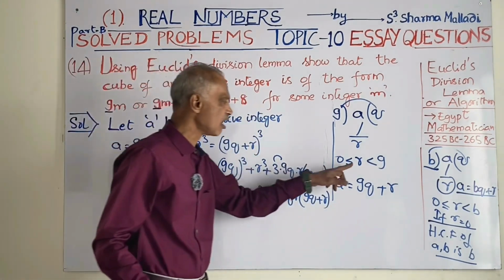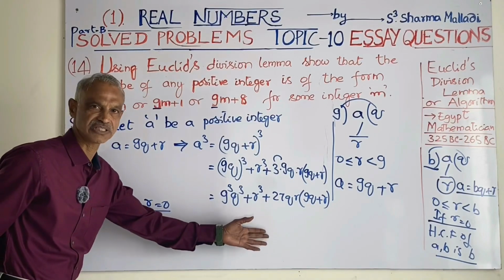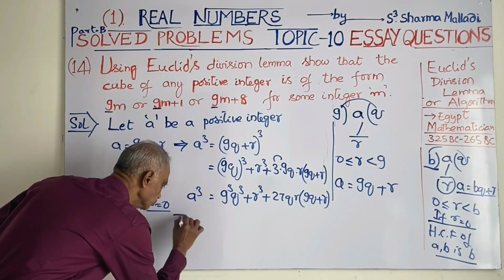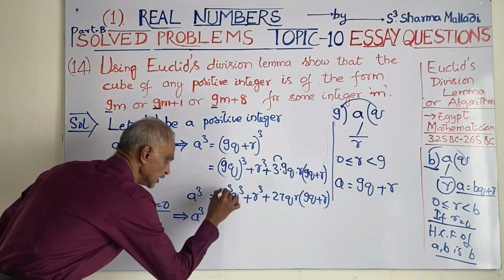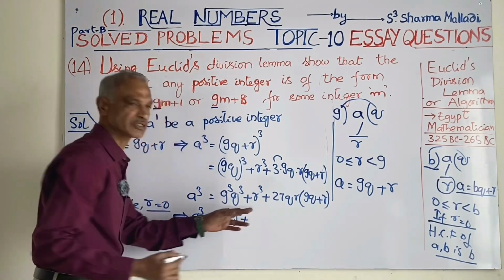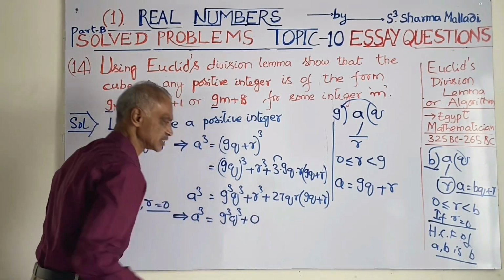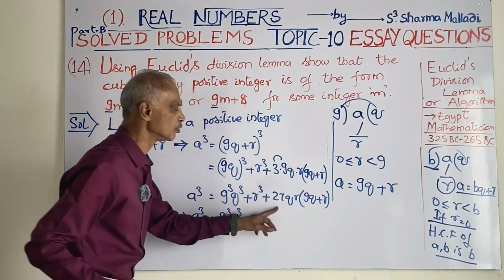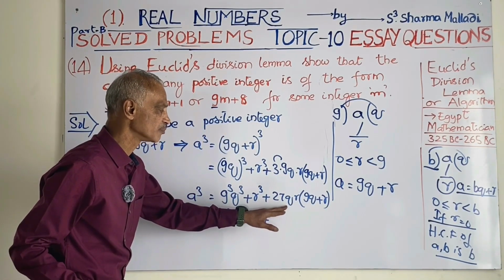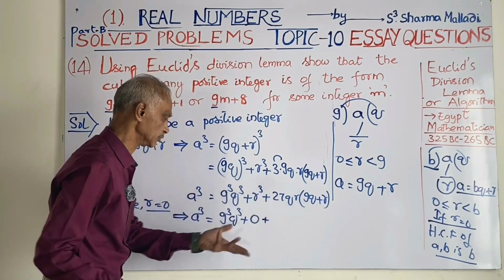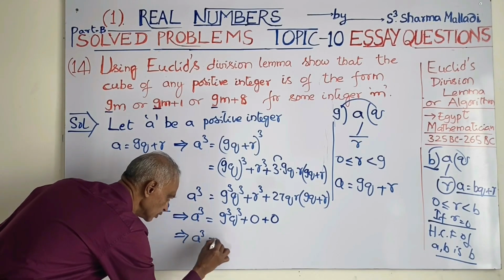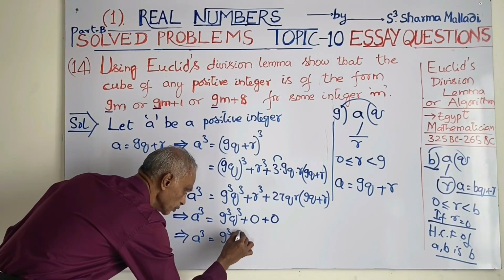Now we have to take r is equal to 0. Substitute r is equal to 0 in this equation. a cube is equal to 9 cube q cube plus r cube, r is equal to 0 here. Substitute r is equal to 0 in the term 27 qr, 27 into q into 0, 0. You will get a cube is equal to 9 cube q cube.